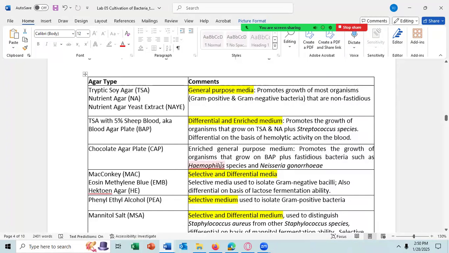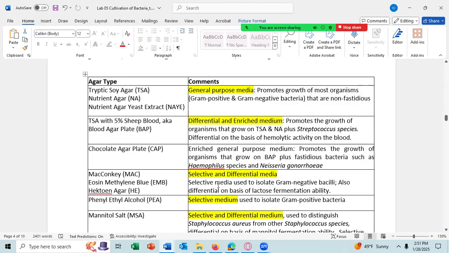And so the blood cells can supply the nutrients which are required by some fastidious organisms to grow. And so that's why chocolate agar is an enriched general purpose medium. It is not differential. Okay.